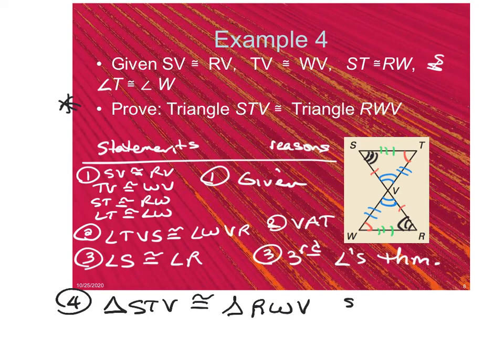And that reason is definition of congruent triangles, or definition of congruent polygons, because we've shown that every single piece matches, all 3 angles and all 3 sides.